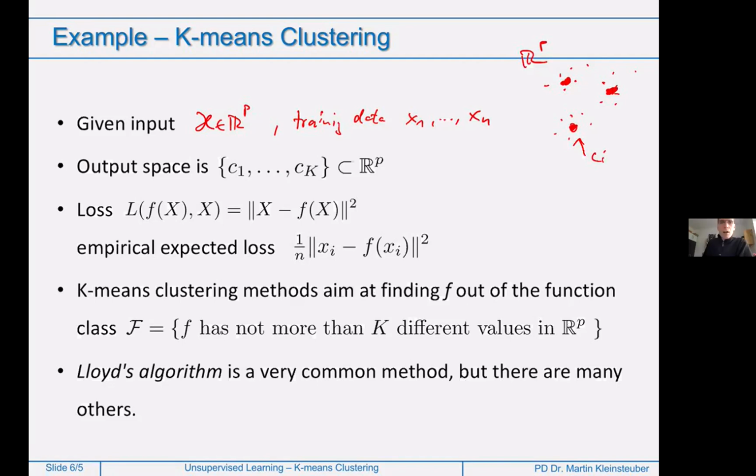And so we reduce our volume by really restricting it to a zero-dimensional output space, namely, just the finite numbers that we have here. And everything that is lying around this cluster will be mapped to that point here, and everything in the neighborhood of this cluster will be mapped to that cluster, and so on and so forth. For k-means, the loss function is just the squared loss.